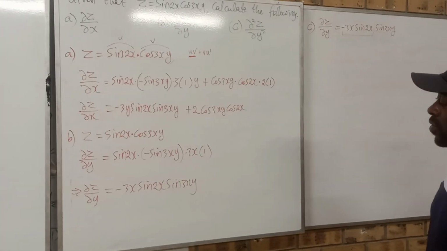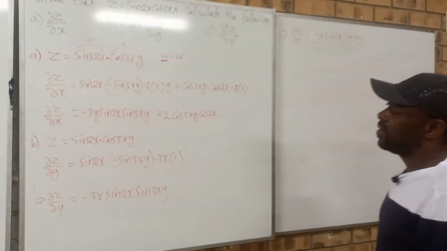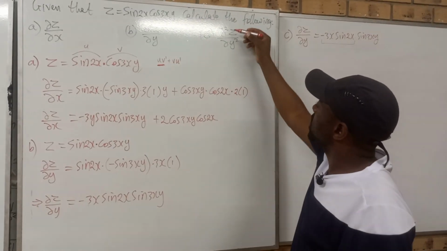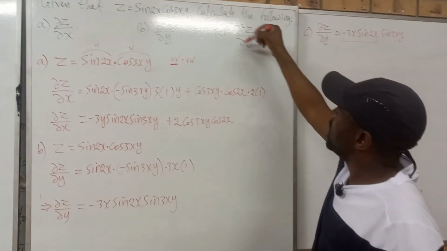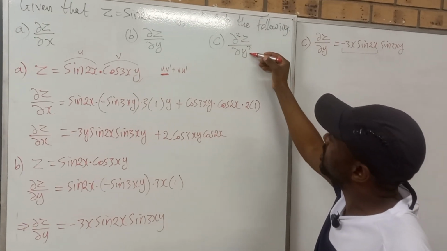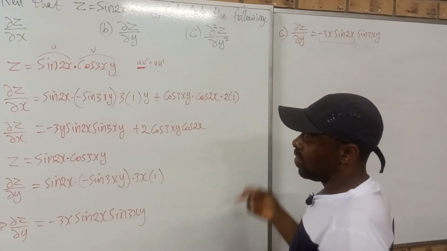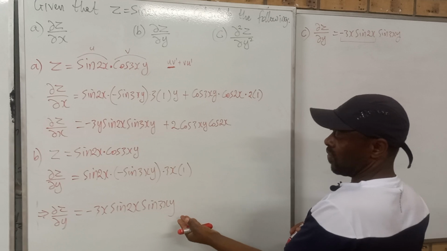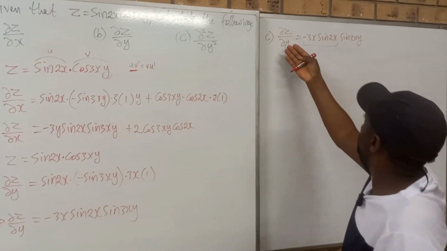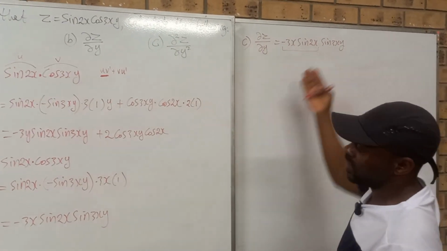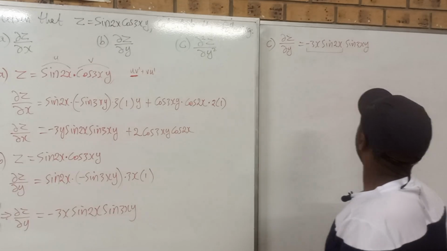I can now go to the very last part, which requires us to differentiate z 2 times with respect to y. So to get the second derivative, we must finish with the first derivative. So I've captured my first derivative there, which is exactly what we are seeing down there.